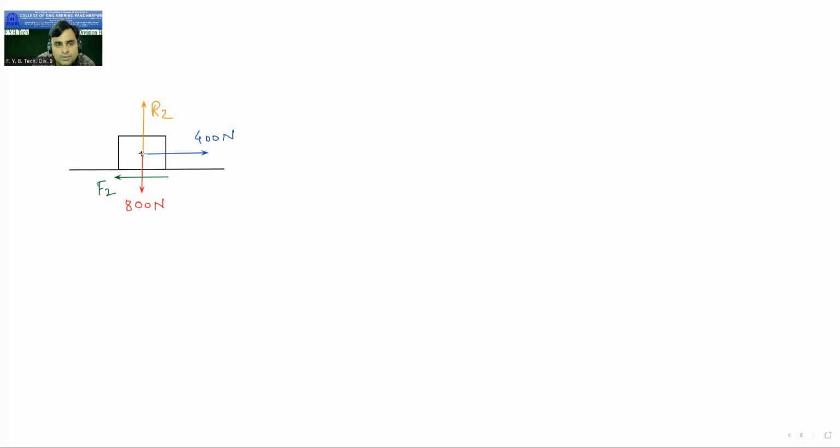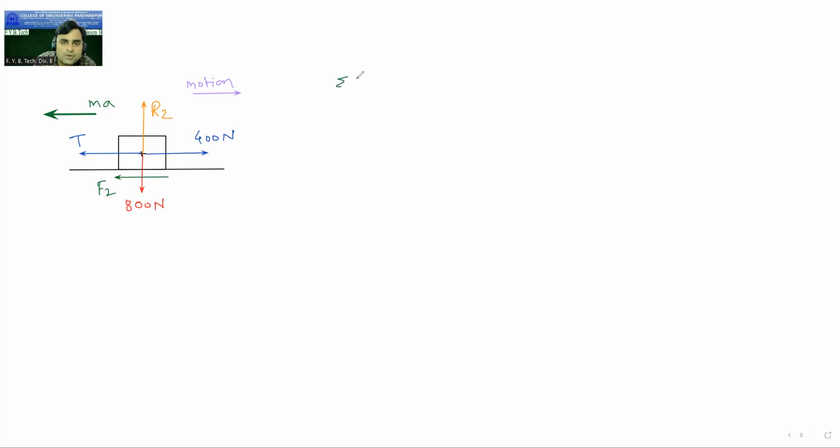Then again, here it is the tension in the string T. Then this is the direction of motion. Then this is the inertia force, opposite to the direction of the motion, MA.